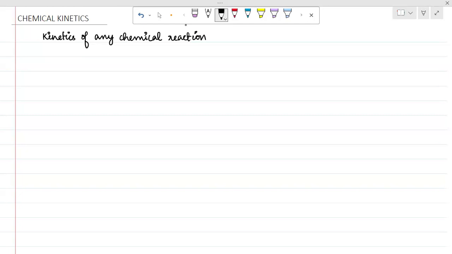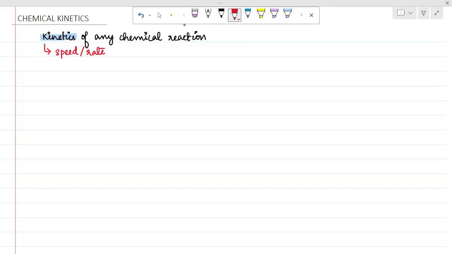Now, the literal meaning of the word kinetics is speed or rate. So this is a field where we try to learn the speed of any chemical reaction. We try to determine the rate of any chemical reaction.